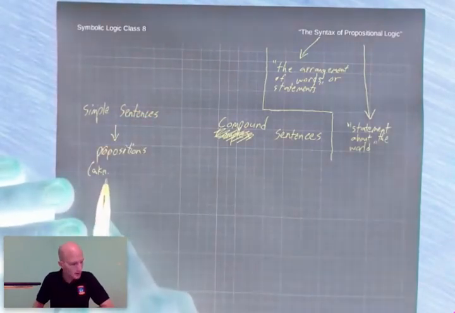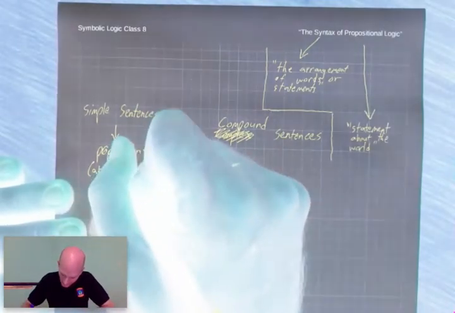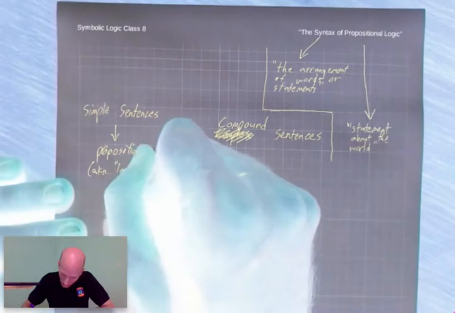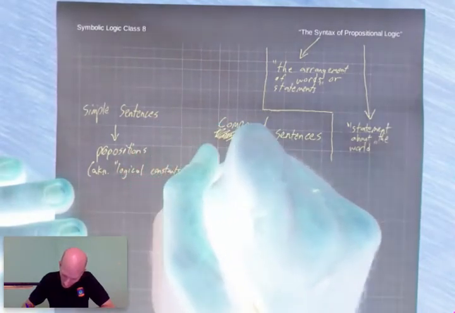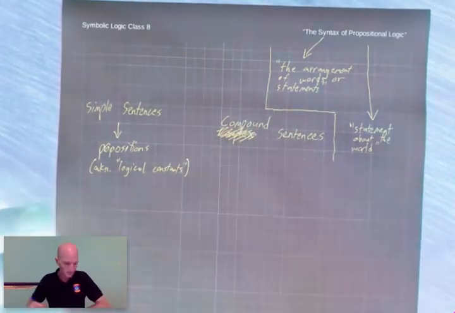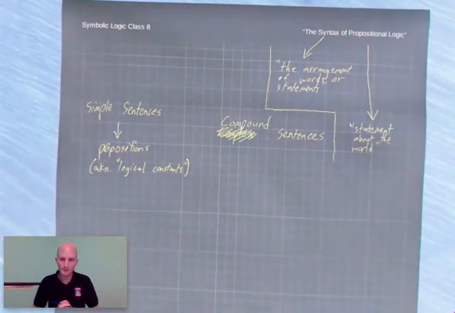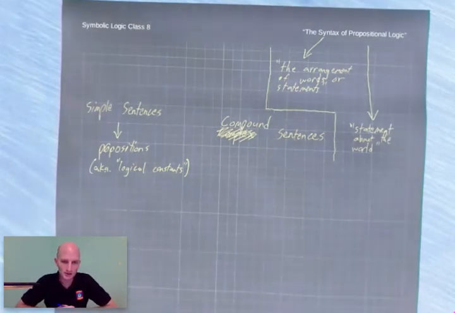Also known as, you can say a logical constant. Logical constants. So that's another way to say simple sentence or proposition. Sometimes you'll see it described as a proposition constant, but same thing as logical constant.